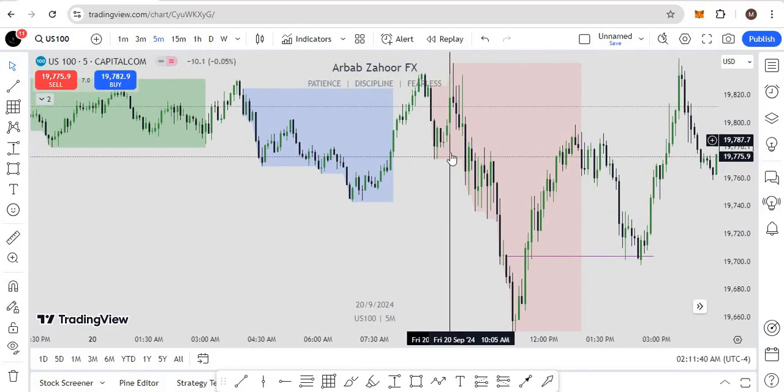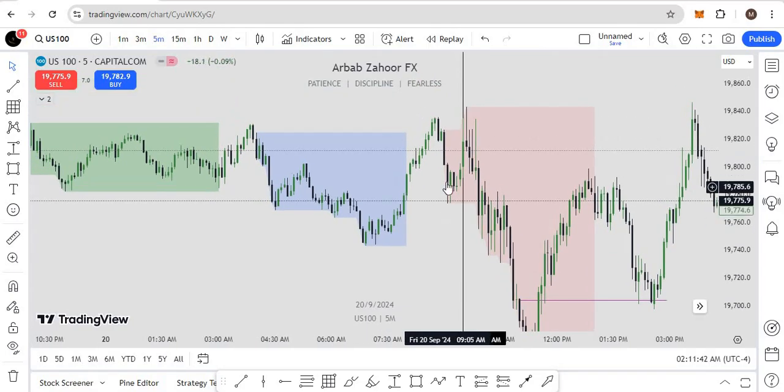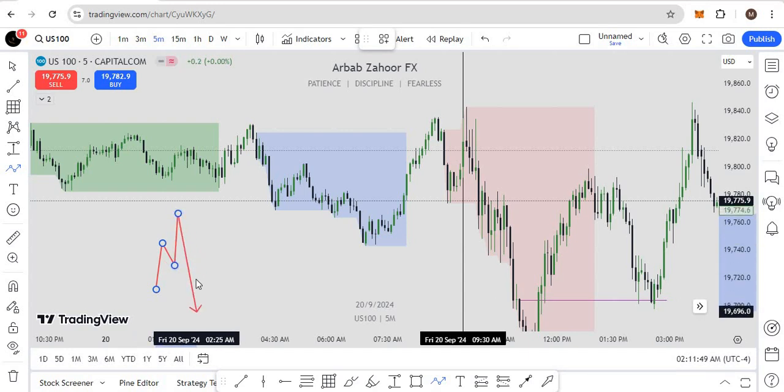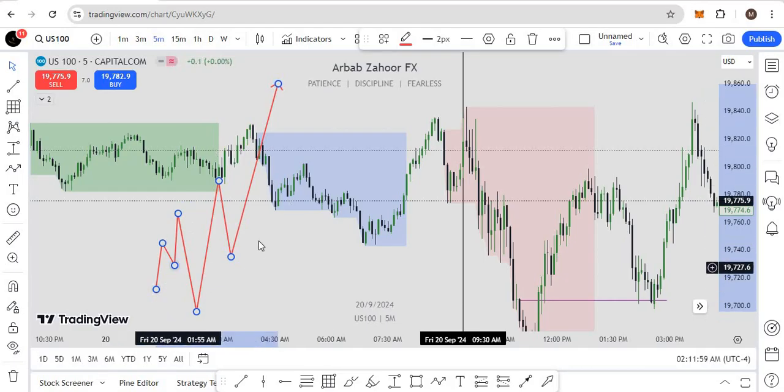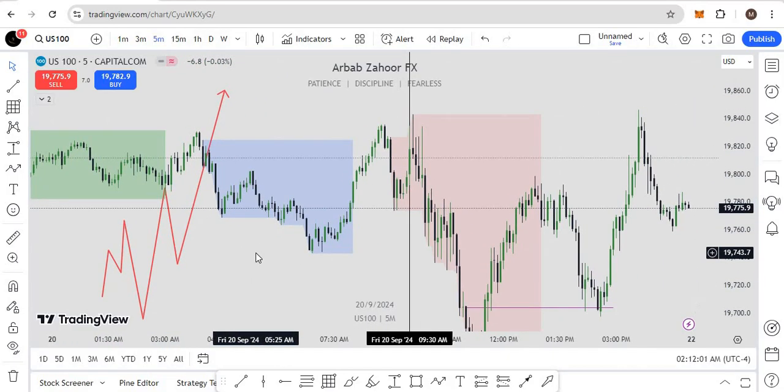So that's the thing. You have to find this setup after 9:30: the market takes the liquidity, and then gives you a market structure shift, and then you buy or sell as per your bias on the basis of this pattern. Believe me, work on that. You will see great magic, really.